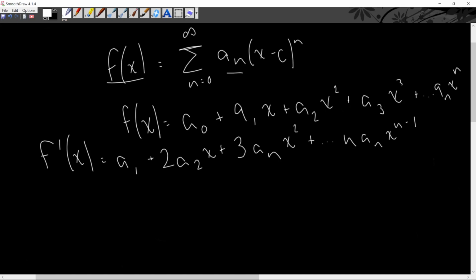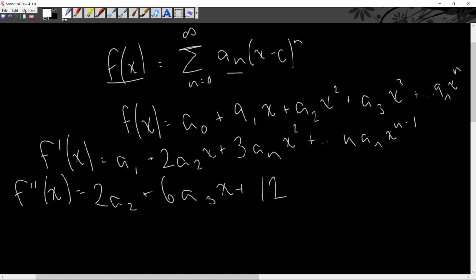And then let's try and take the second derivative. Let's get even crazier. If we take the second derivative, of course, a sub 1 will be 0, and 2a sub 2 will be our new first term. So we're going to have 2a sub 2, and we're going to have 6 a sub 3 x. And what will the other one be? It'll be 12. I'm pretty sure 12, right?